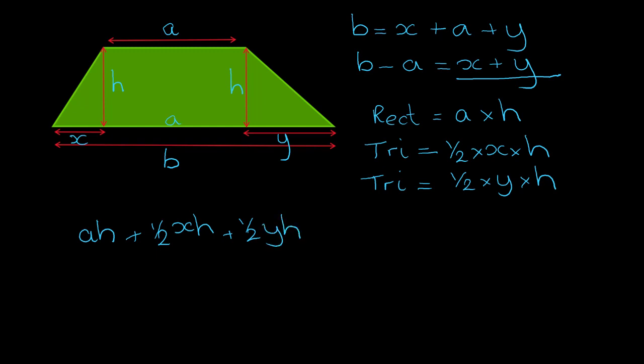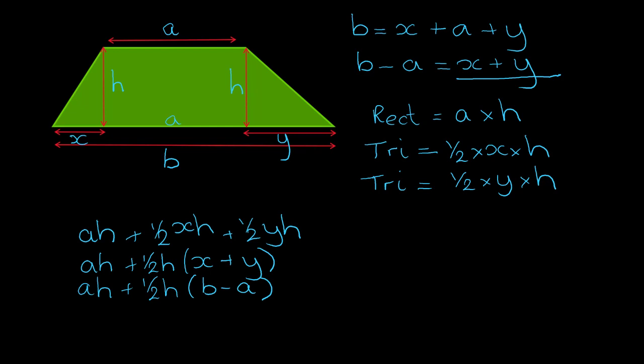We're going to use this X plus Y up here so that we can get rid of that and go back to our A's and B's, because that's all we had in our original formula. We're going to do that by factorising out the half H here. So we've got AH plus a half H (X plus Y). Now we can replace that with B minus A from up here.